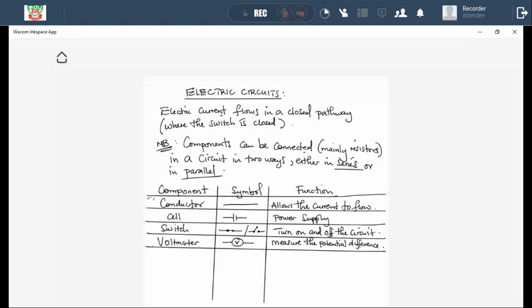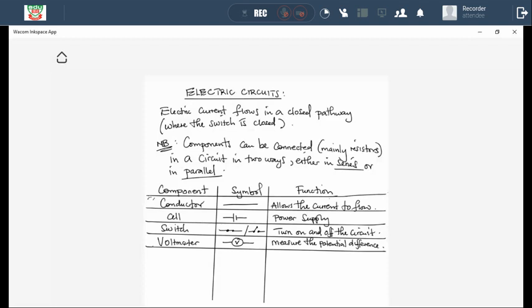When it is connected across the battery and the switch is open, the voltmeter is going to measure the total potential energy of the battery, which is called the EMF, right? But when it is connected across the battery and the switch is closed, current is flowing, and the voltmeter gives us a reading which is slightly lower than the EMF.